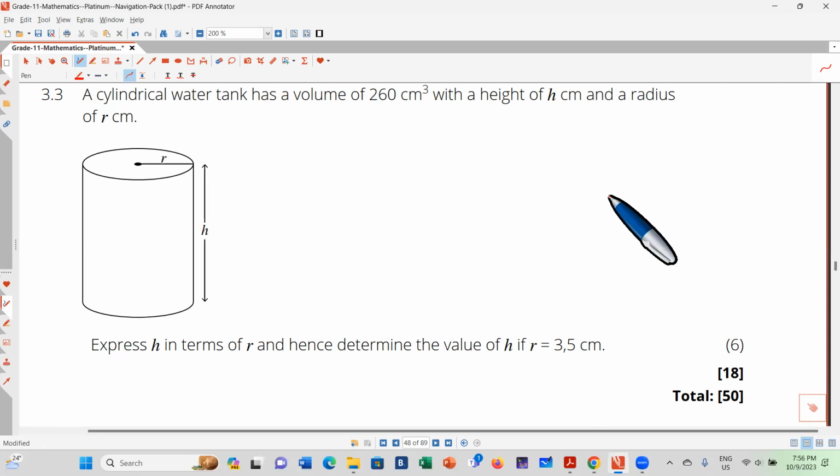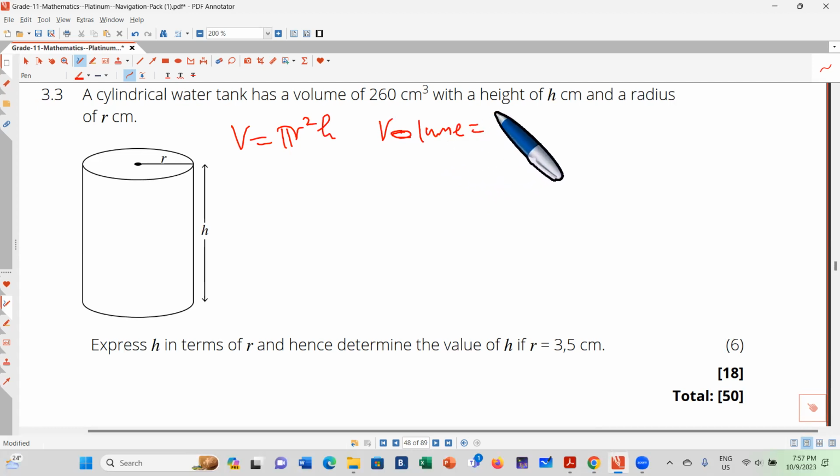First and foremost, we know that the volume is equal to pi r squared h, and obviously pi r squared becomes the area of the base. So in other words, the volume is equal to area of base by the height.